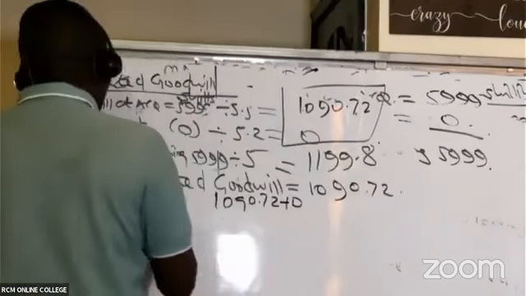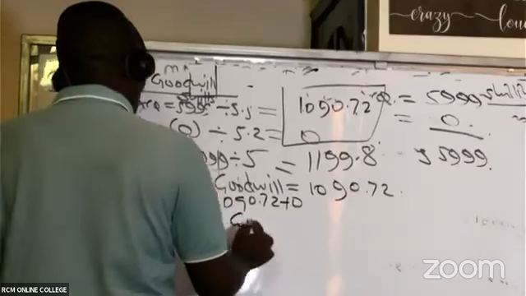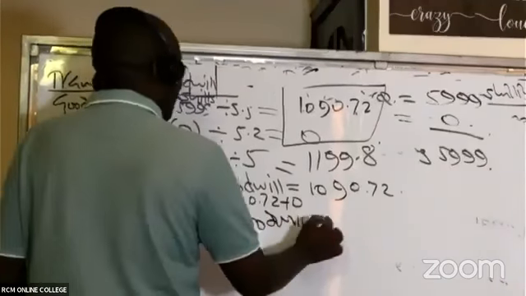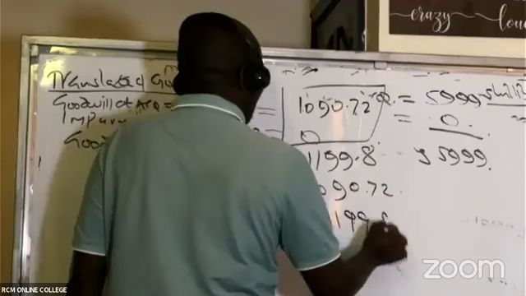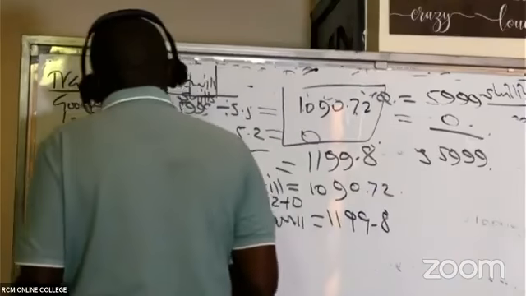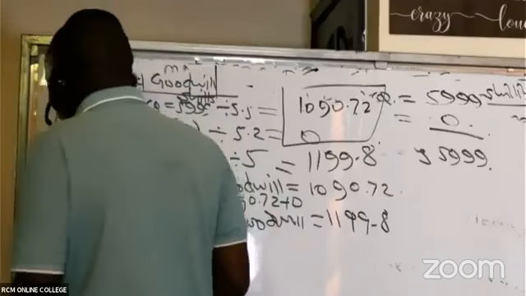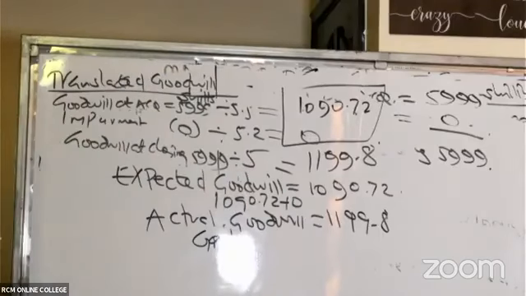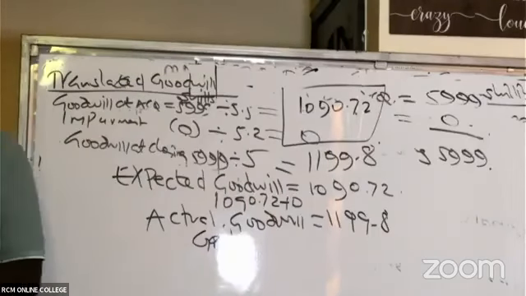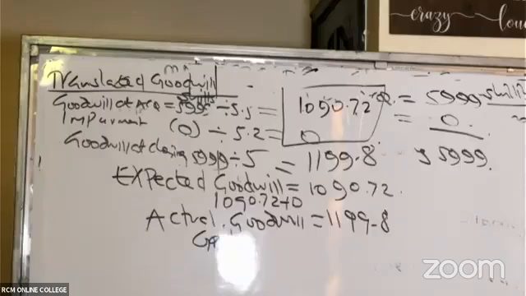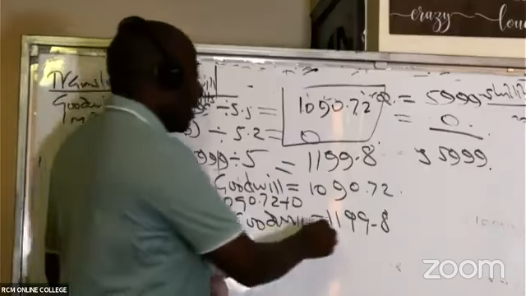And then we have the actual goodwill, 1199.8. Because it's an asset, I can see a gain. Over how much? 109.08.